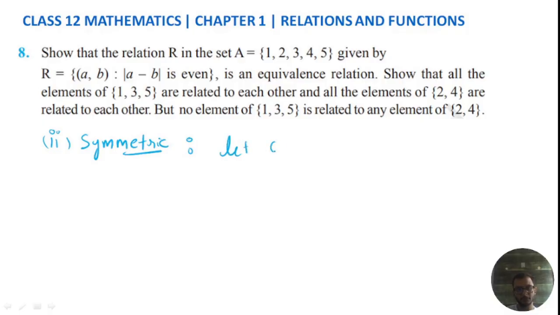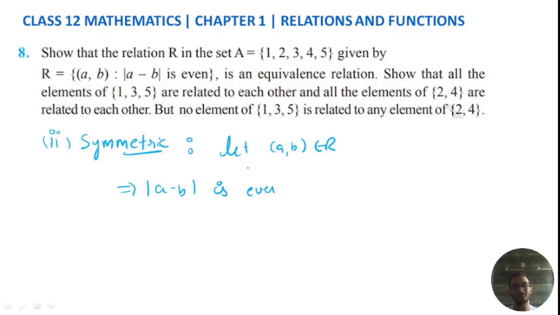For that, again, let (a, b) belong to R. What does this mean? That the modulus of a minus b is even. That is, we are taking the positive sign of a minus b and that number is even. But does the sign matter when we are talking about even? It doesn't matter, right?